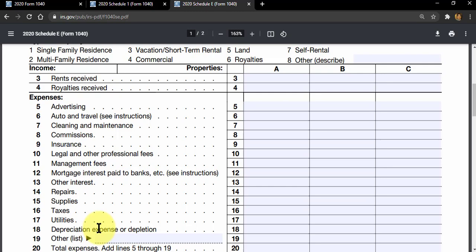Bonus depreciation only applies to tangible property. So for example, if you're talking about a residential property, that would be maybe the appliances, the refrigerator you buy. Same thing, you can use 179 for that. Remember, 179 is first, bonus is second, and then MACRS is third.